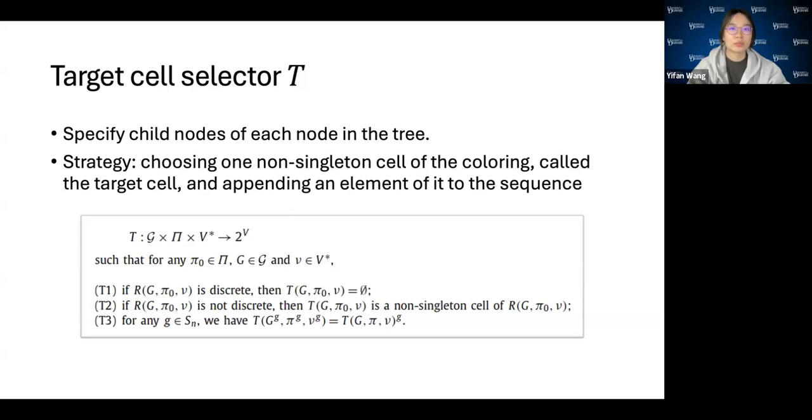So Traces prefers to choose the largest non-singleton cell, which will keep the tree shallow. Note that the target cell selector needs to have three properties. It is a function, and it will return a node set. And this function is also invariant for any permutations.